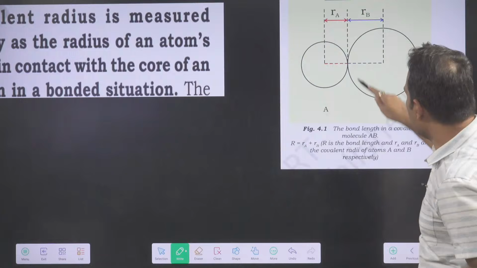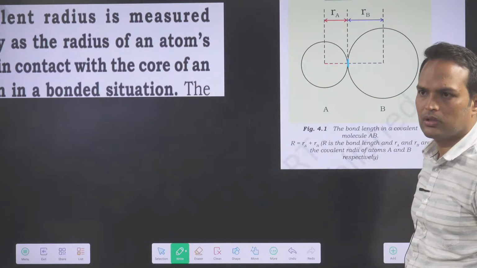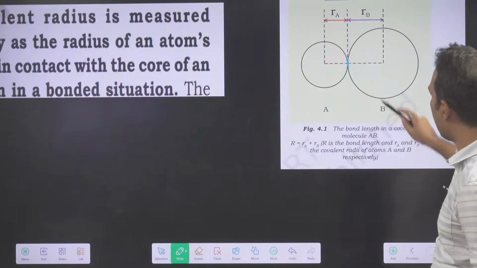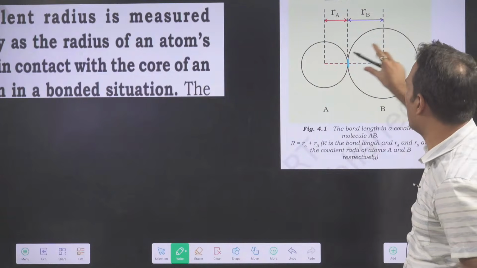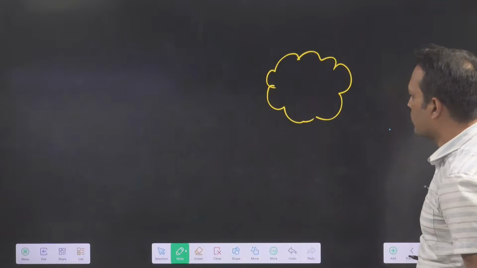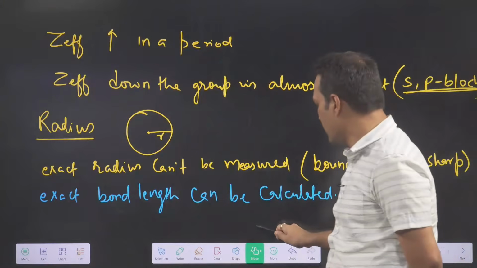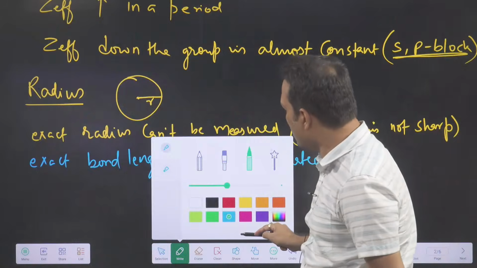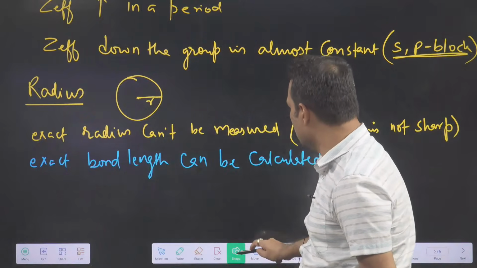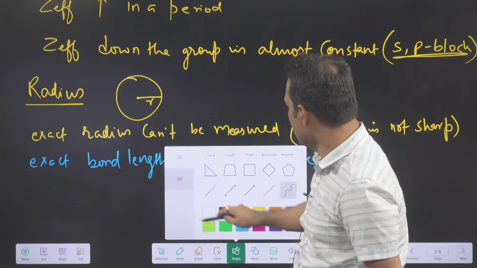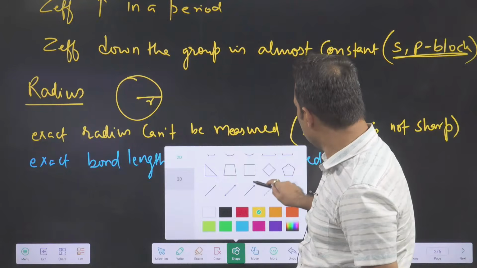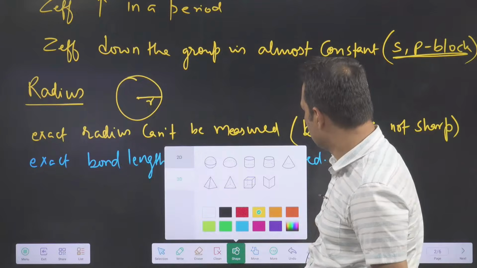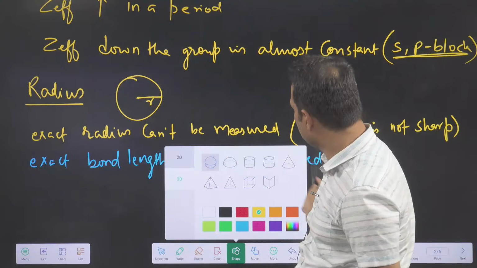Okay, so I will calculate the bond length. Now in this case we have different atoms. One atom is small, the other atom is big. For calculation, I will take two similar atoms. Look, I am drawing two similar atoms. In 3D also we have.